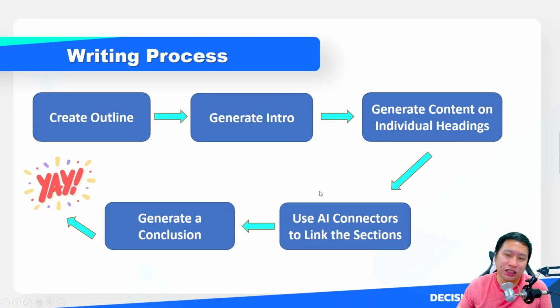Firstly, you need to understand what the writing process is. If you are a beginner in writing a blog post or an article, the process should always be creating a content brief first, right? Creating a content brief first. And what's in the content brief?